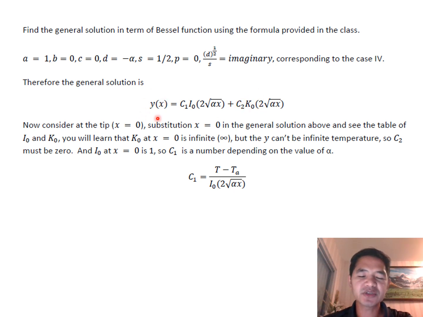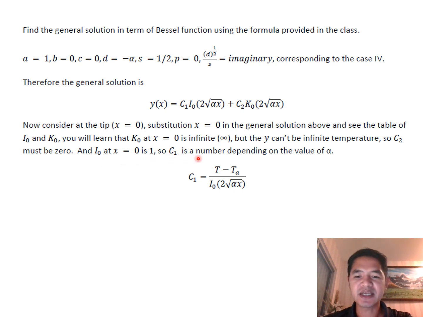That means the general solution is going to be y of x equal to c1 I0 of 2 times the square root of alpha x. I0 at x equal to 0 is equal to 1.